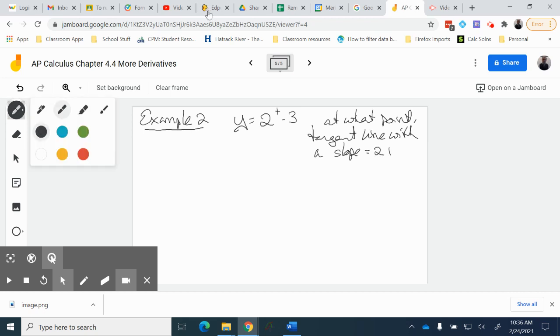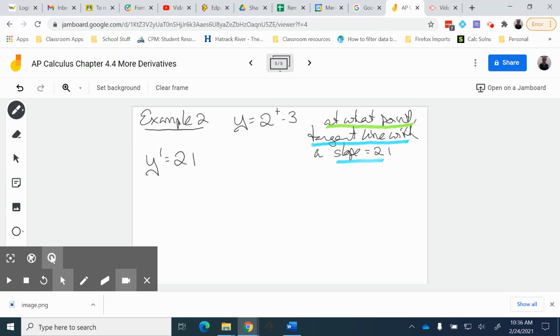Now, a couple things to be careful of. First of all, you are asked for a point, so make sure your answer is in the form of a point. And second of all, tangent line with a slope of 21 tells us that we need y prime equal to 21. The derivative must be 21.